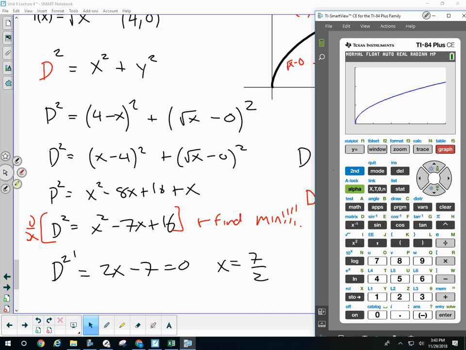Here's the graph of the square root of x. Here's the point 4, 0. The point here at 3.5, right here. That point is the closest to that point. Any other point on the graph of square root x is further than that. Isn't that pretty cool? I think it's pretty cool.